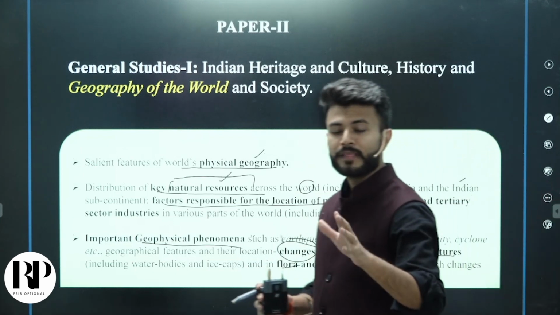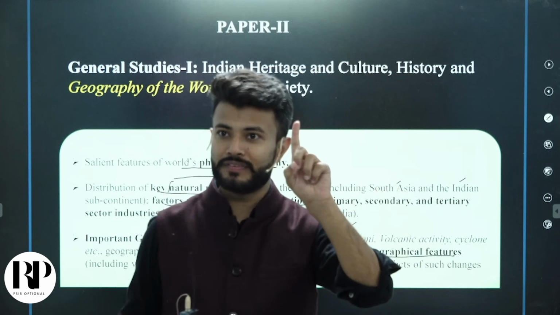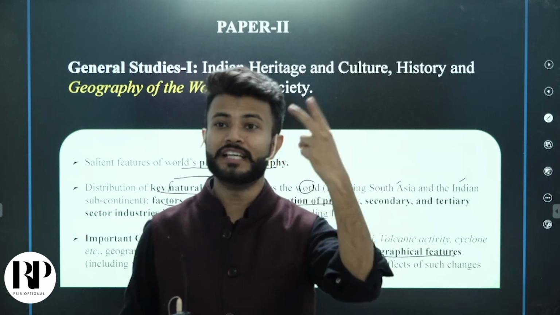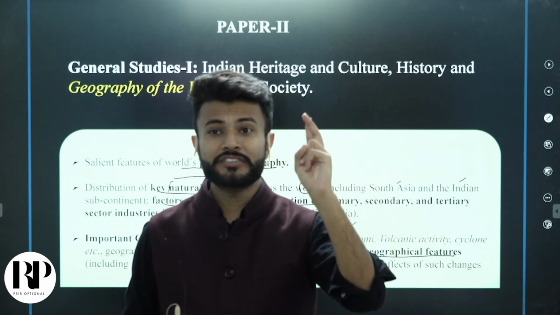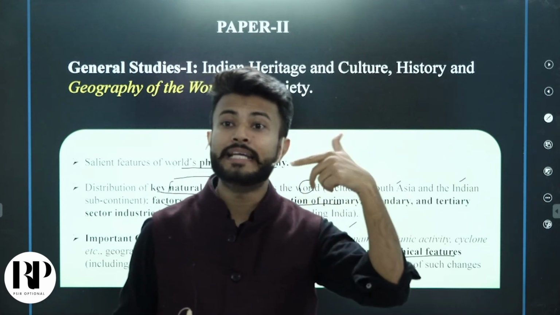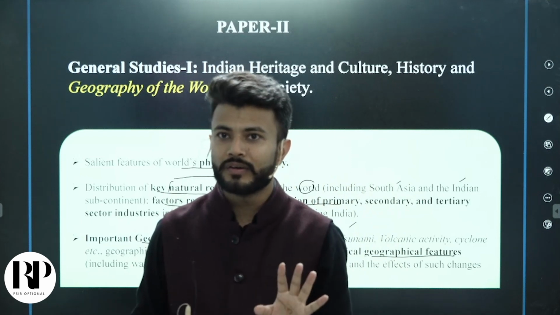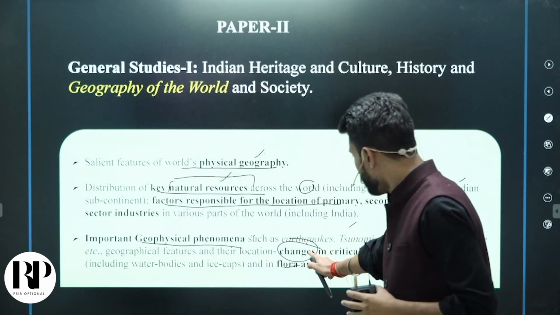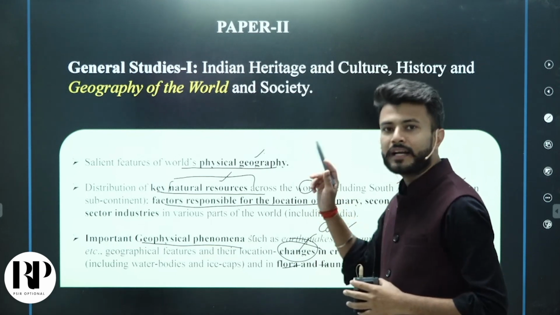For example, melting of the glaciers and its impact, so changing of a feature. Rising of sea level and its impact, changing of a feature. Questions on deforestation and land degradation, changing of the nature of the land, hence a question. Because this topic is very much contemporary in nature, you will find a lot of questions.